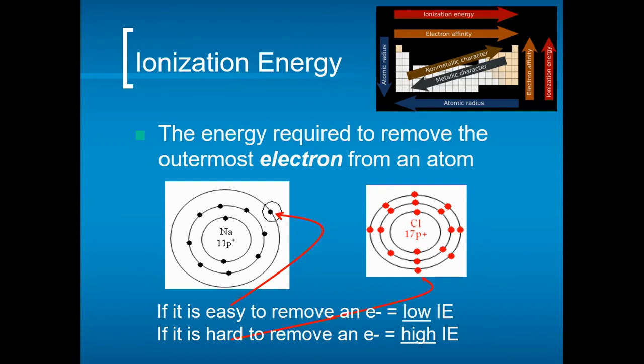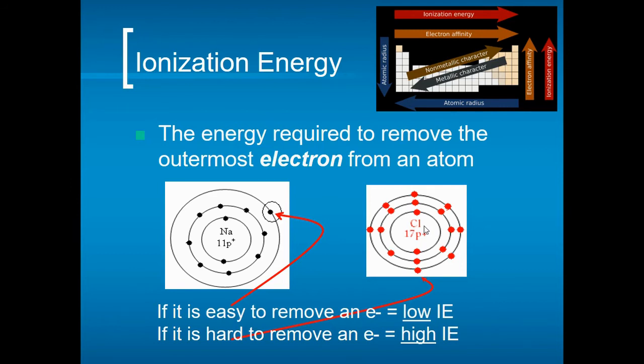So let's look at something like sodium and chlorine. They're both in the same energy level, same period. They have the same number of energy levels, 3. It is much easier to remove this electron in sodium than it is to remove one of chlorine's electrons. Why is that? Well, chlorine has 7 valence electrons.